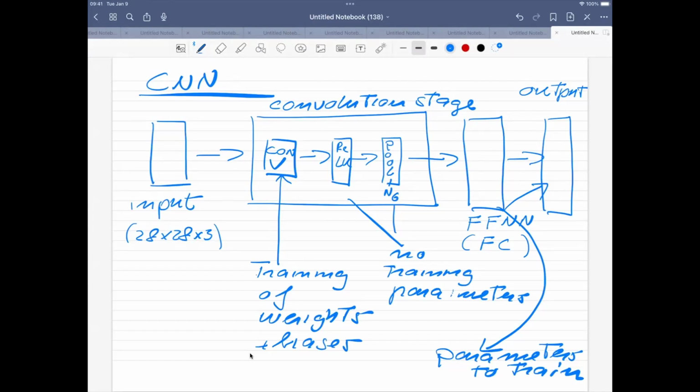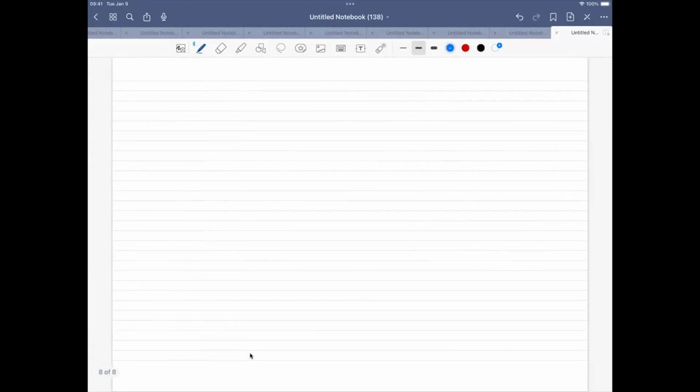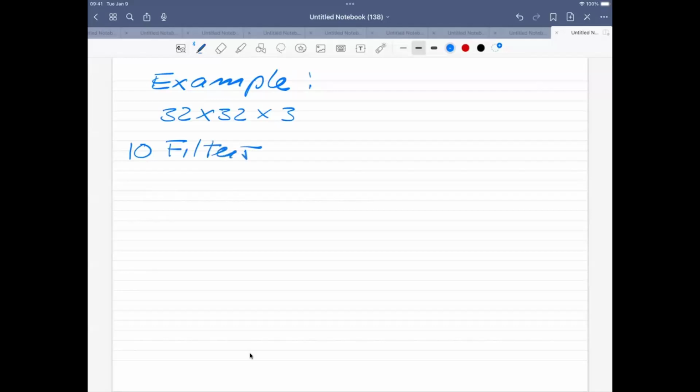So this is the basic essence of a convolutional neural network. If you now look at some examples, what are the dimensionalities and how many parameters would we end up with? Let's look at an example. We could think of having as an input a 32 times 32 image with 3 color channels. Then we are going to have 10 filters, each 5 times 5.